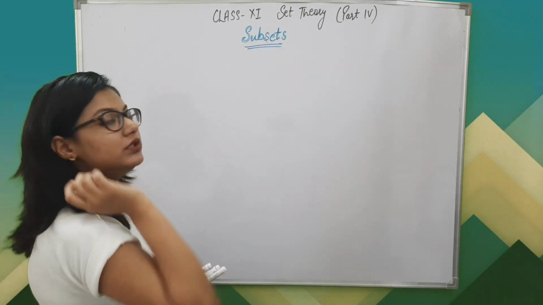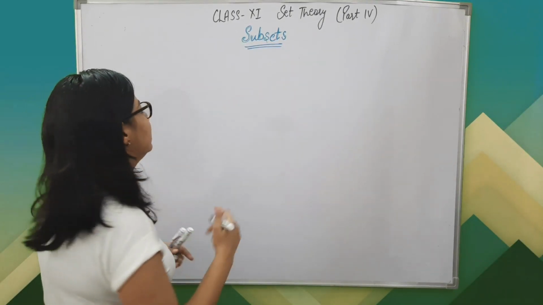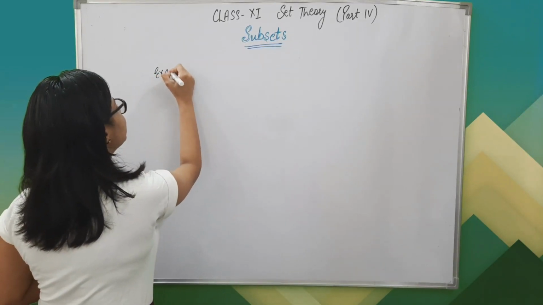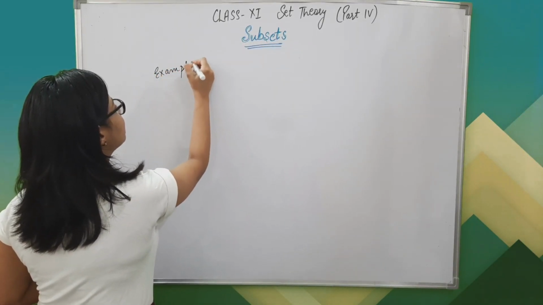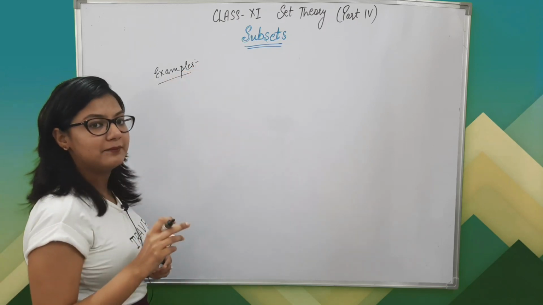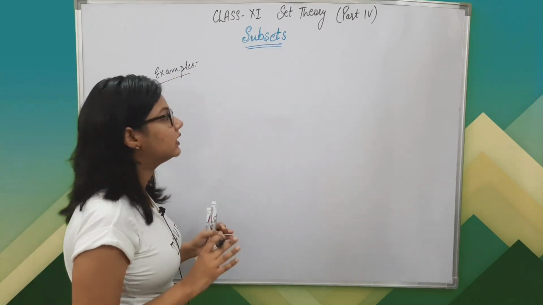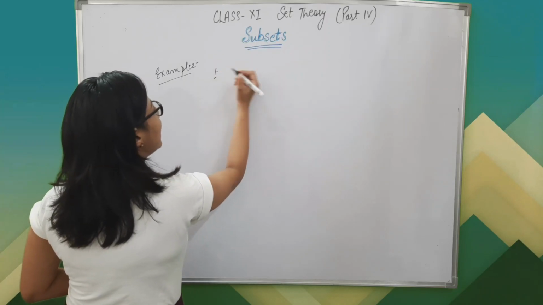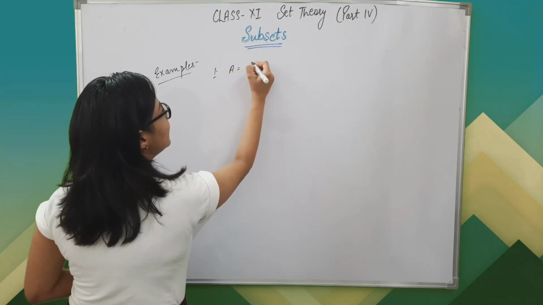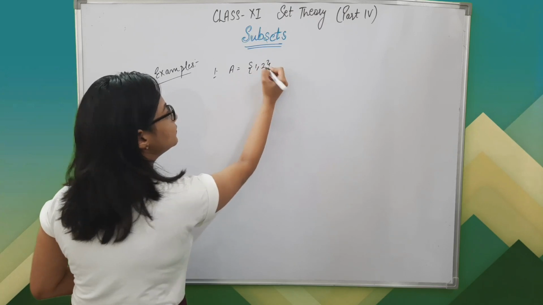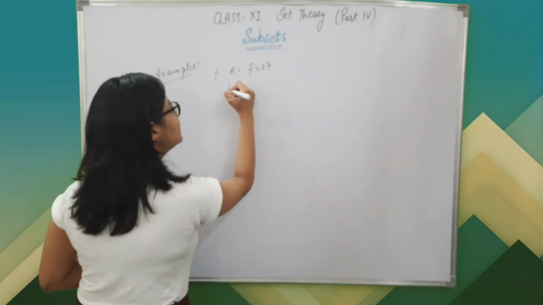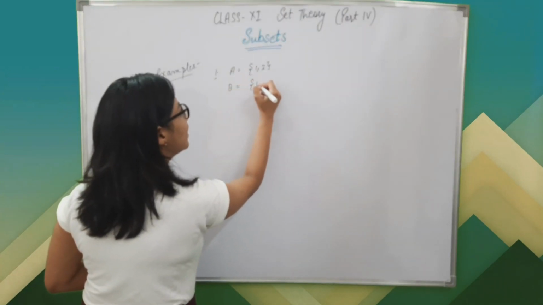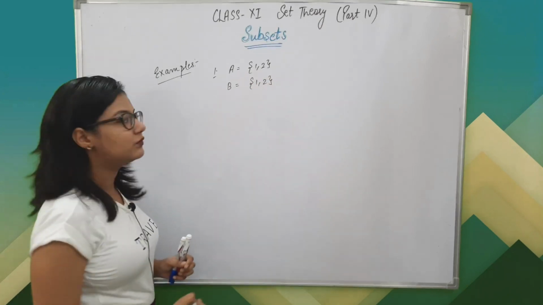So I am going to take two examples parallelly, and I am going to take very simple examples just to make the definition clear first. In the first example, I am going to take set A as {1, 2}. Clear? And your set B also {1, 2}. Right?